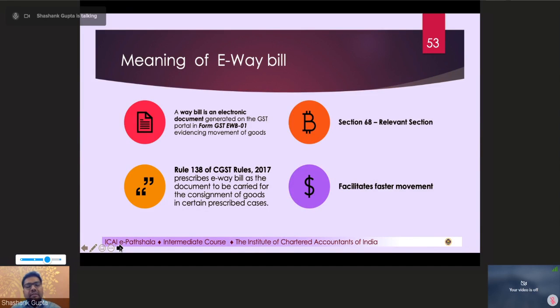So all these details are captured in the e-way bill, including who was the transporter. And of course, e-way bill has relevance only for transportation of goods, and has no relevance for services, because of course services are intangible in nature.